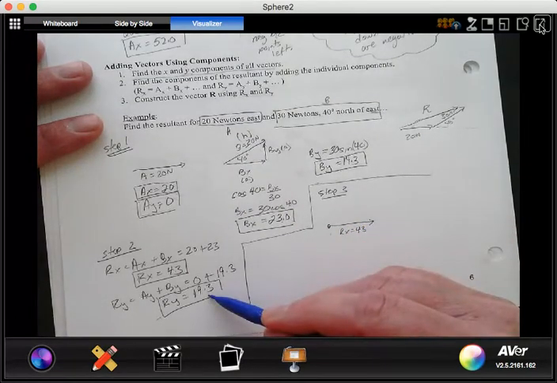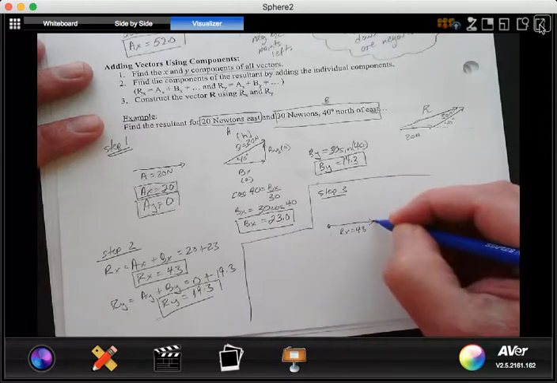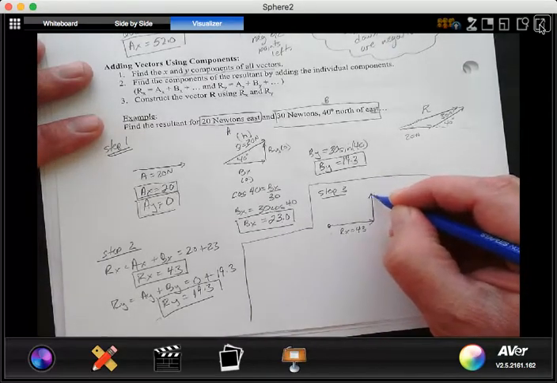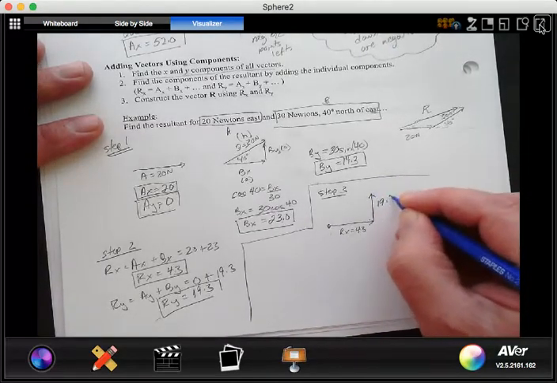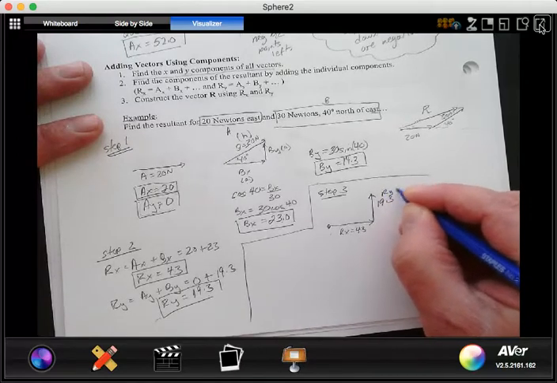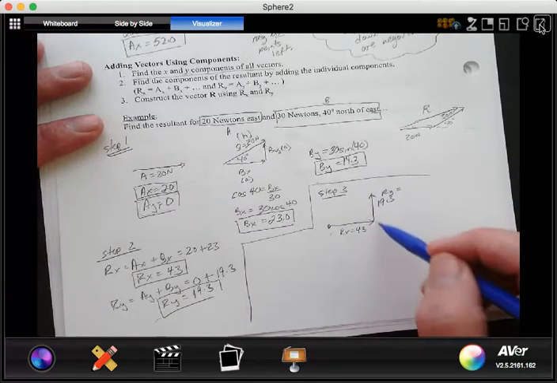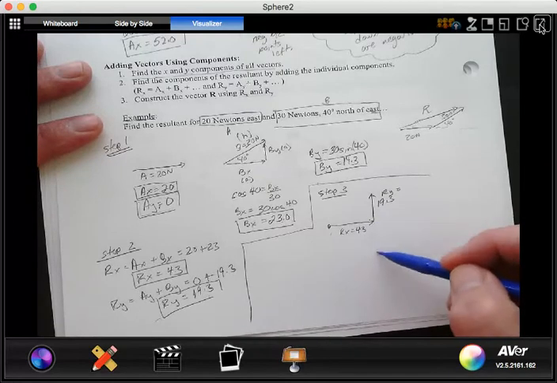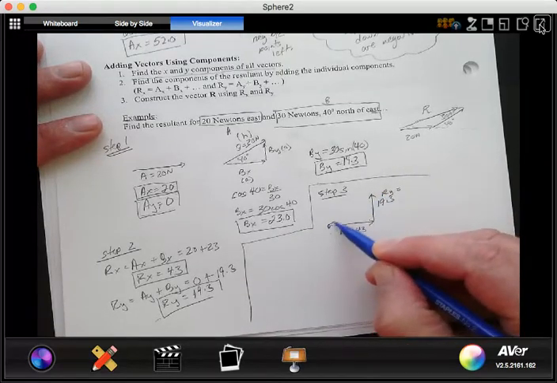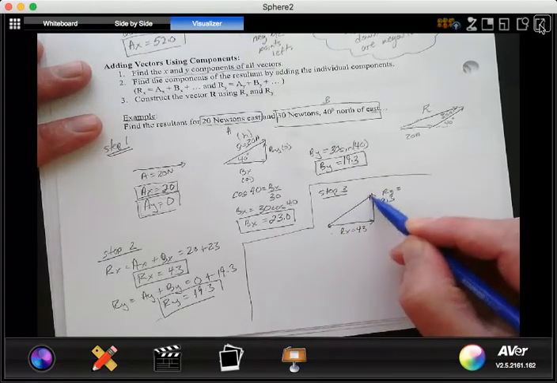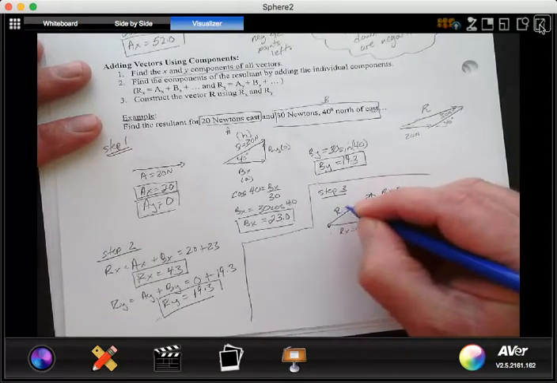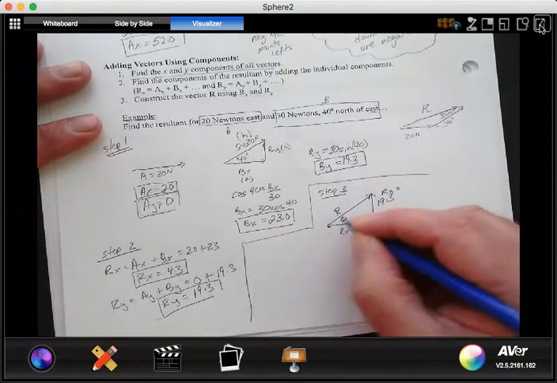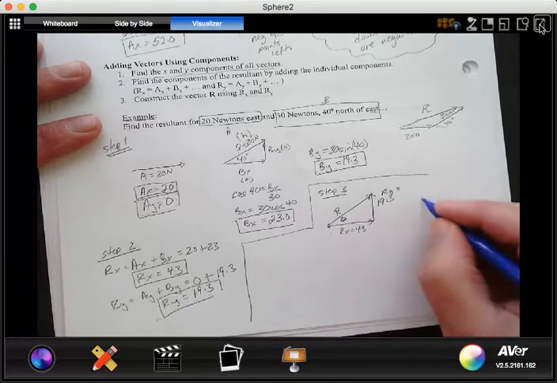And then Ry is positive, so I'm going to go up from there for that one. Again, I probably should have made something be negative, so if Ry was negative, I'd have gone down. Then I just draw in my resultant from the origin to the tip of the last vector I drew, and I would just have to find R and theta.